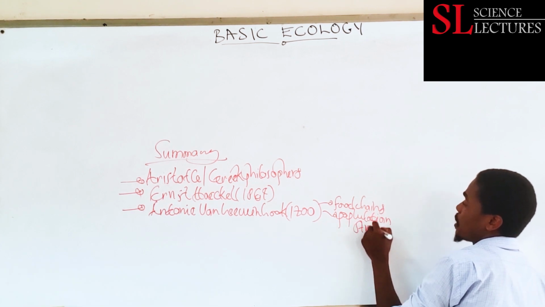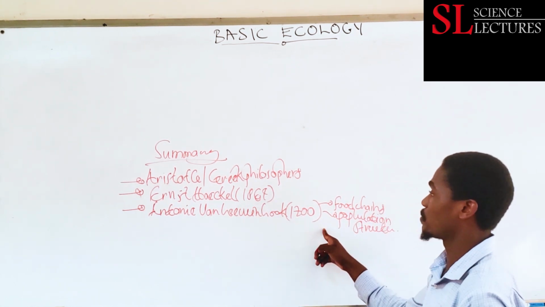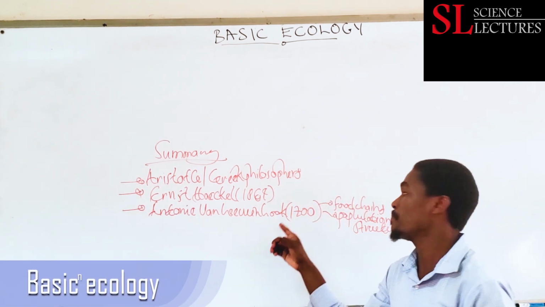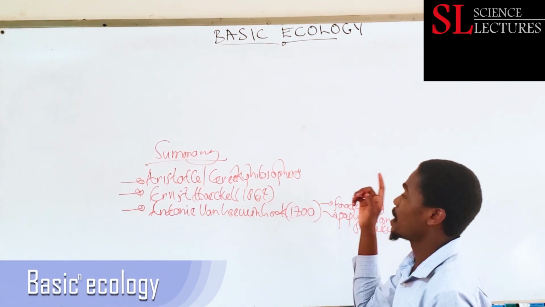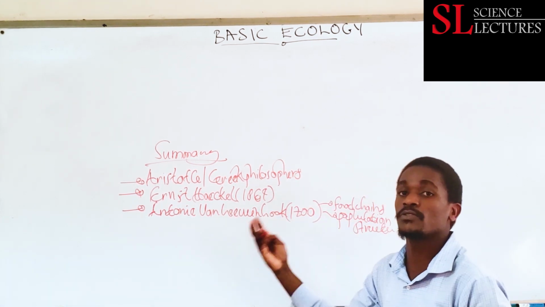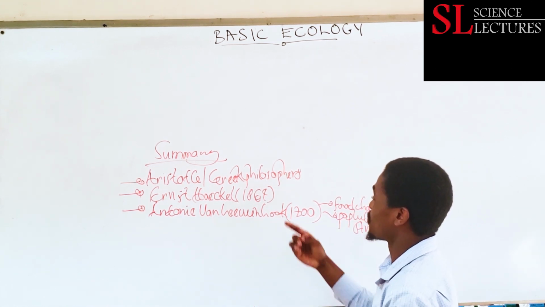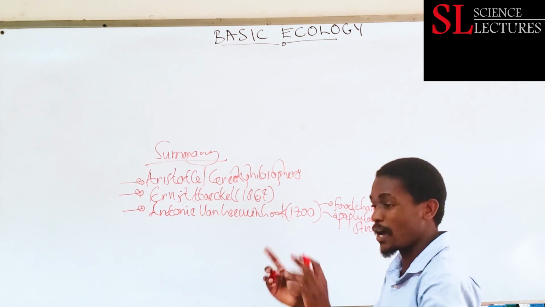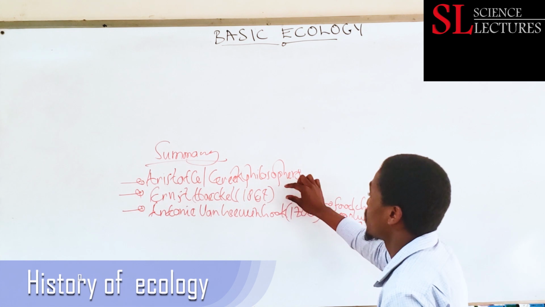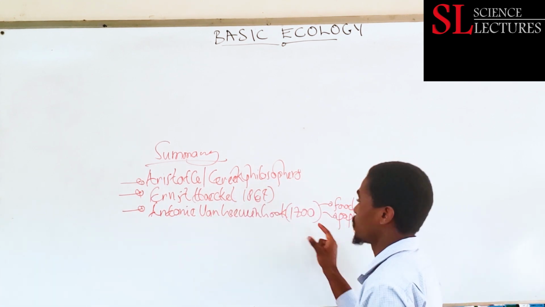Food chains, population structures, Anton van Leeuwenhoek in the 1700s. However, Ernest Haeckel had a well-defined ecology, and he defined it as the study of the domestic side of organic life and the total relations of the surrounding outer world, which we call the environment. So that is it with Ernest Haeckel and Anton van Leeuwenhoek.